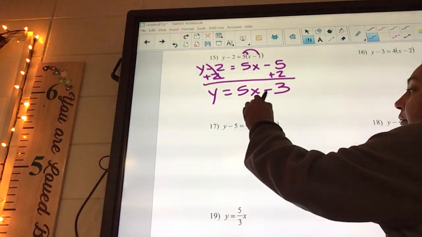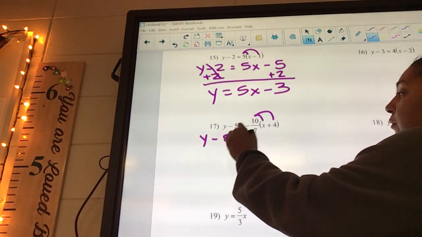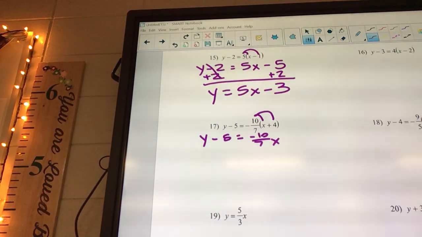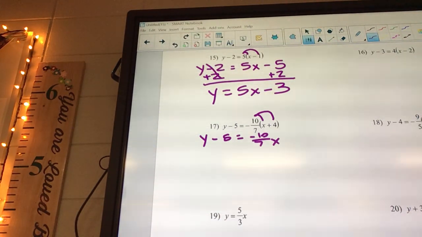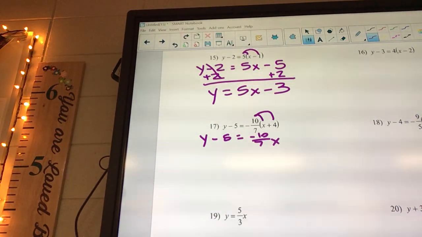Okay, 17. We got negative 10 over 7 times x, which is going to be negative 10 over 7x. Negative 10 over 7 times 4. And I don't know, I rely on you guys because I don't know. What is negative 10 over 7 times 4? Negative 40 over 7.